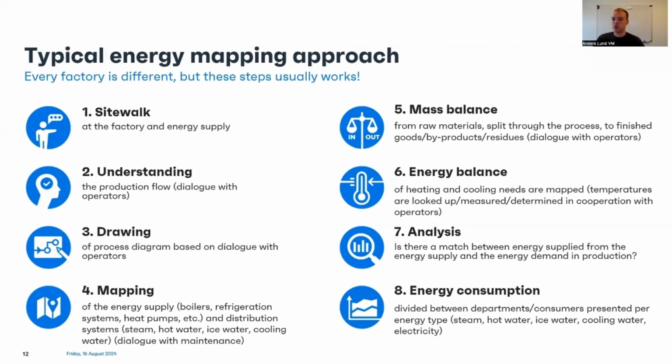You have to draw out these ePFDs so you can follow the energy flows as well as the mass flows throughout the system. You can start mapping your utility systems and where your distribution systems are going from and to. You then have to do a mass balance, an energy balance. You can then see the analysis and get the results on the energy consumption, but I'll get more into this.